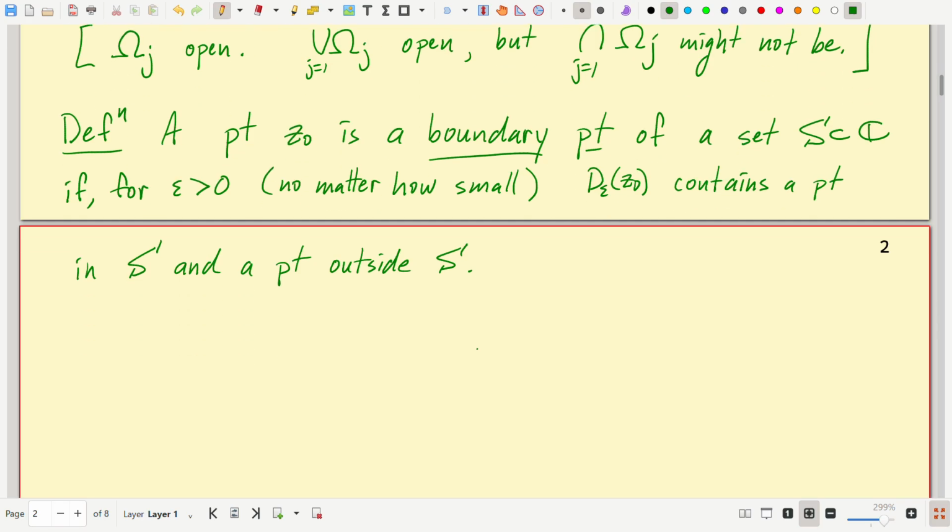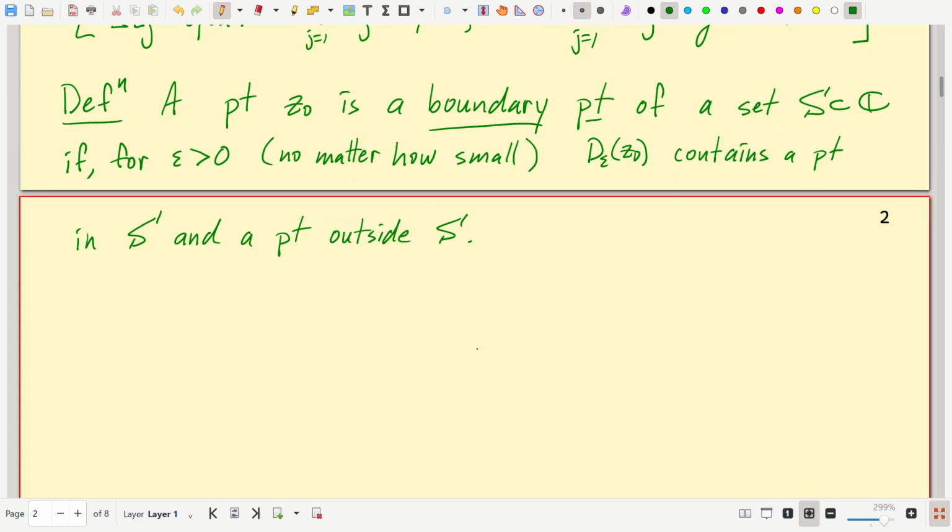Okay, so when you think about some of those pictures I've been drawing, maybe I have a circle where this circle would be part of the set for some of it, and maybe this dotted part is not part of the set, and the shaded region here is the inside. So the boundary point is exactly what you think about.